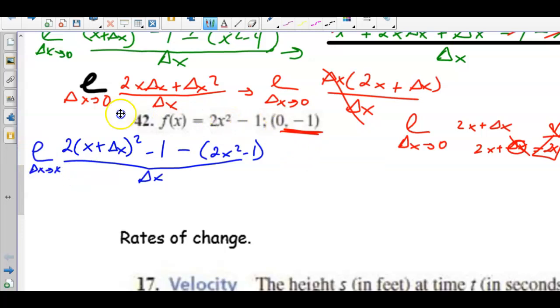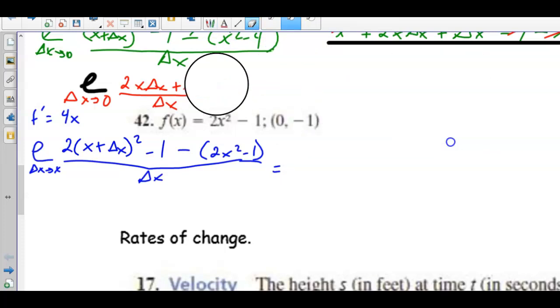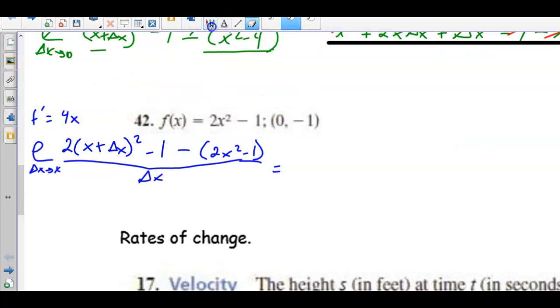Real quick before I start, let me tell you the derivative. If you look at that, the derivative is going to be 4x. So let's see if we get 4x. First, we need to do that twice. Remember, it's the exact same thing we did a second ago.